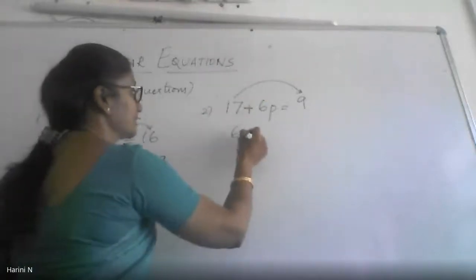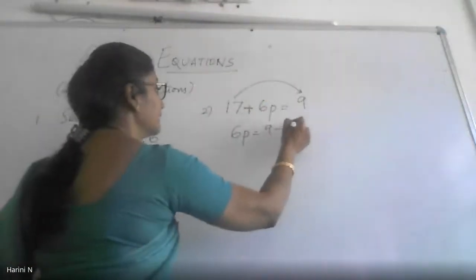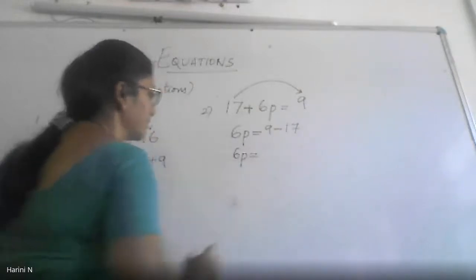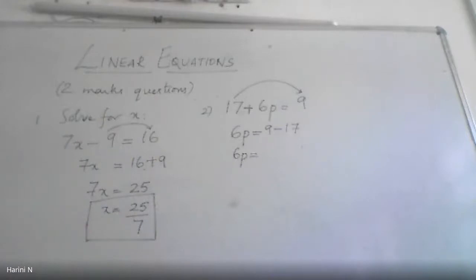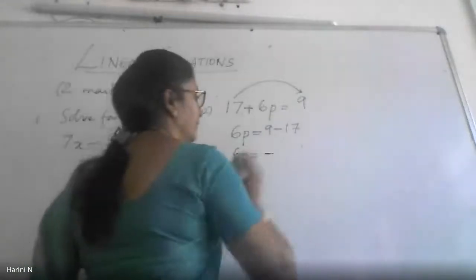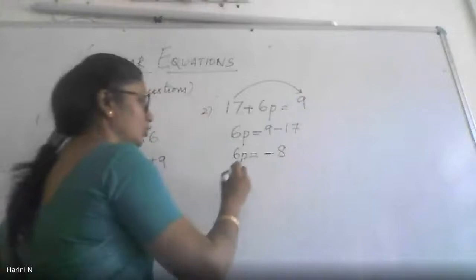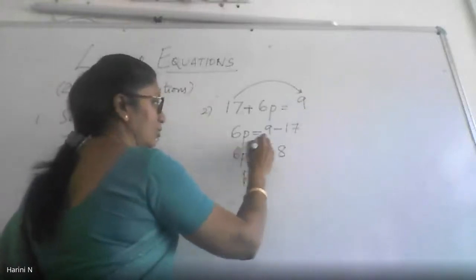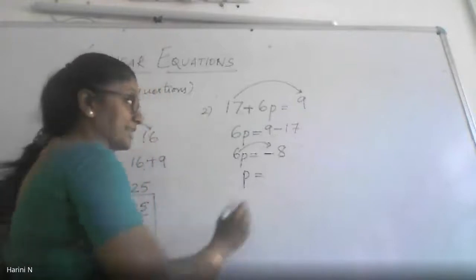That means your 6p will be 9 minus 17. Please be careful, subtraction of integers. What is 9 minus 17? Negative 8. So my p will be, this is 6 into p. There is a multiplication, so when this is transposed, it will go as a division.